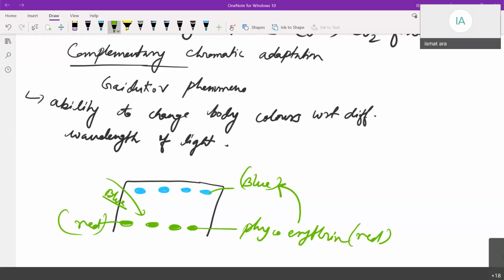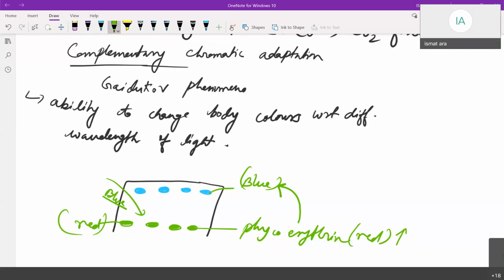And phycocyanin and allocyanin are blue in color. So here, due to more phycoerythrin pigment, they absorb blue light and appear red in color. When blue light reaches the bacteria, the concentration of phycoerythrin increases, and due to this increase, they appear red. And the surface bacteria have phycocyanin, so they are blue in color.